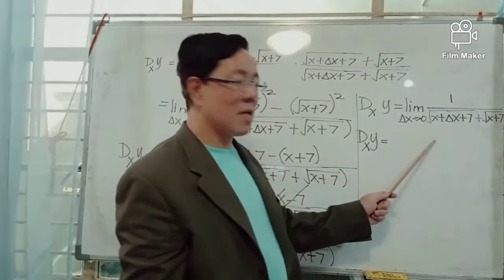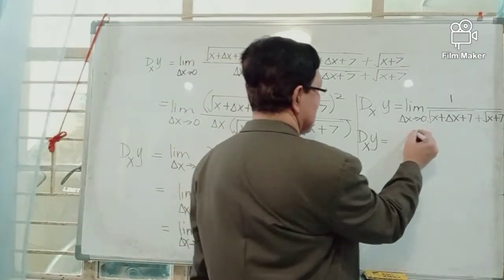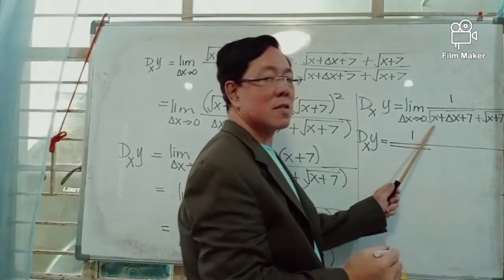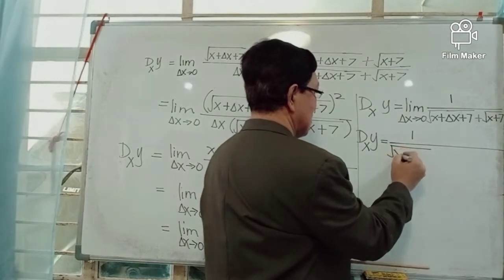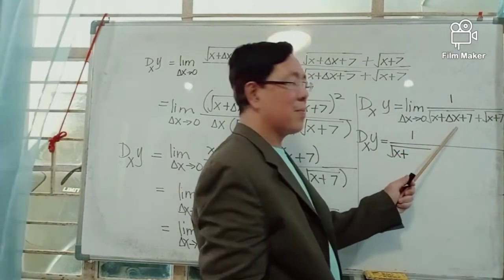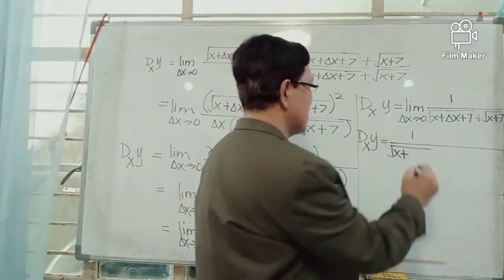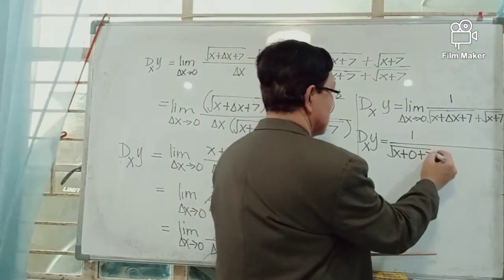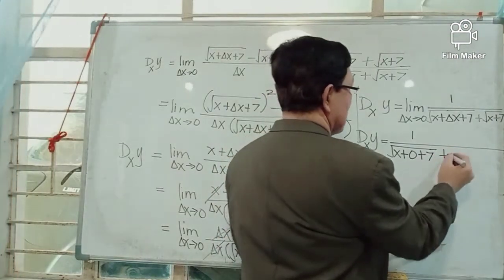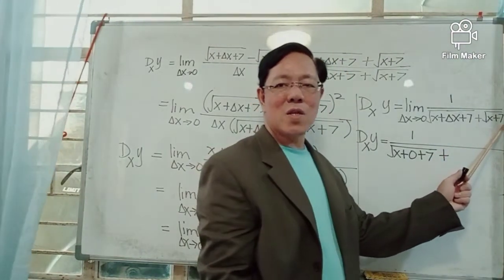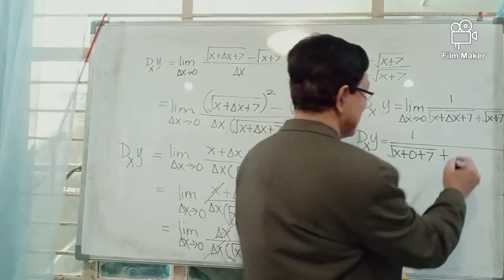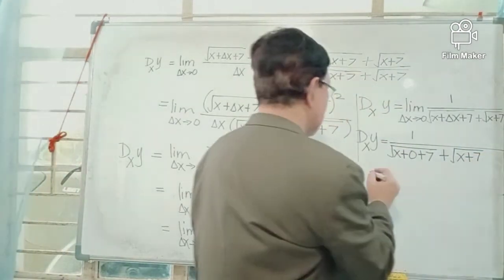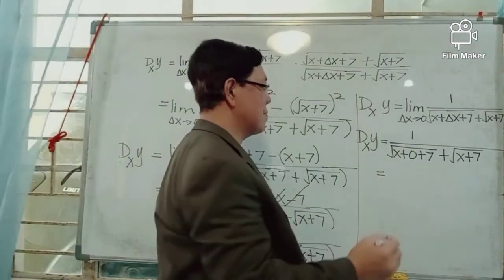Hence, the limit of this expression is 1 over square root of x, replacing delta x with 0, plus 0 plus 7, plus the square root of x plus 7, and we simplify.